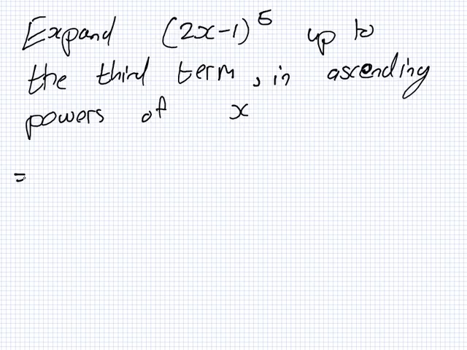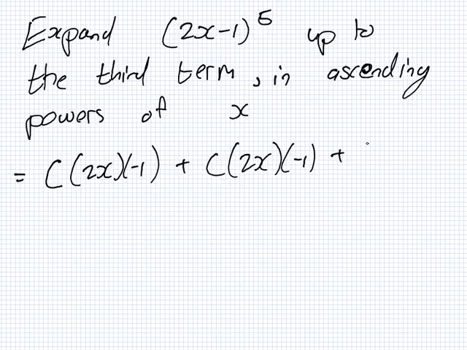Right. So, firstly, we have 3 terms in our answer. We start off with a C, a 2x, a minus 1, plus a C, a 2x, a minus 1, plus a C, 2x, minus 1. And we don't actually care about the rest, because I only want 3.